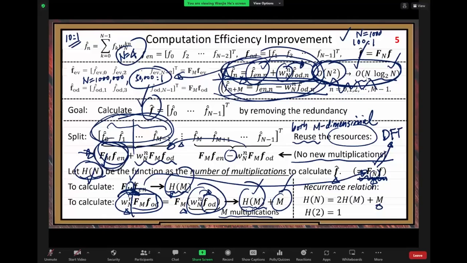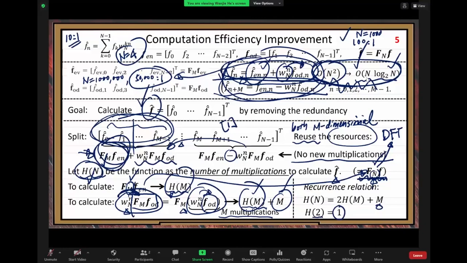Here, this part no multiplication, because that capital F is just a 1 by 1 matrix. That's 1, and 1 times anything, you keep it. So when the data size equals 2, you only need 1 multiplication.